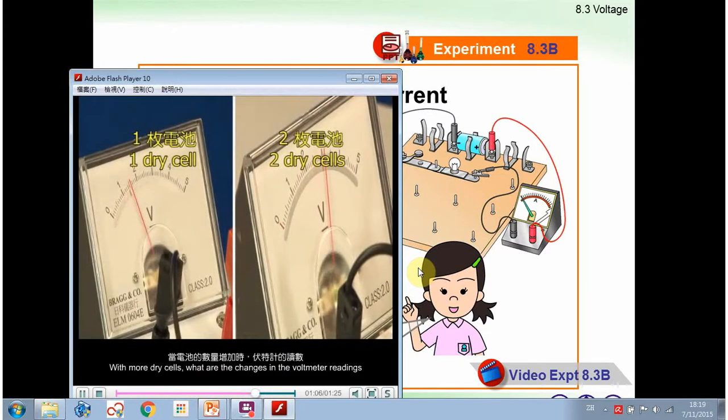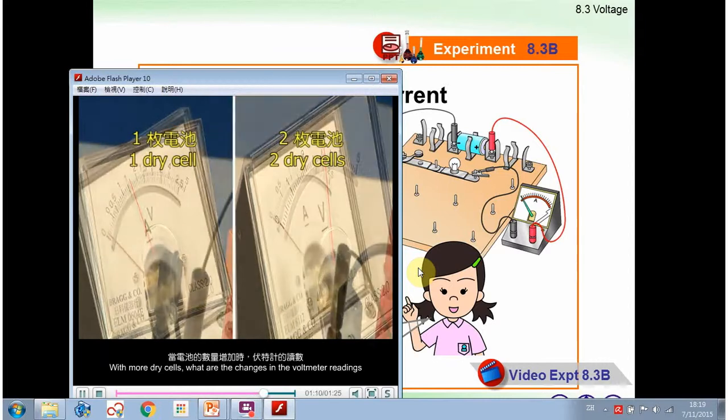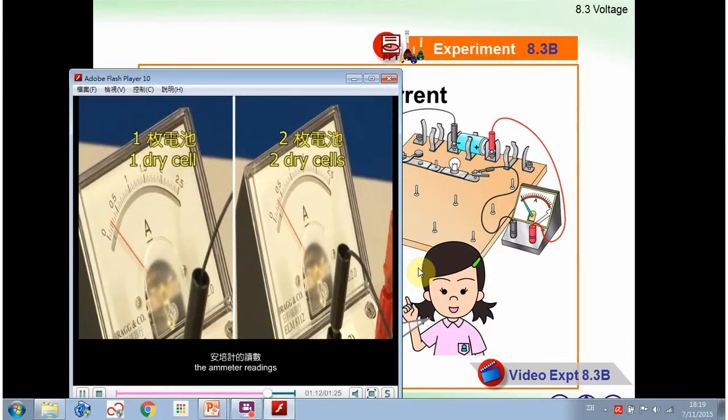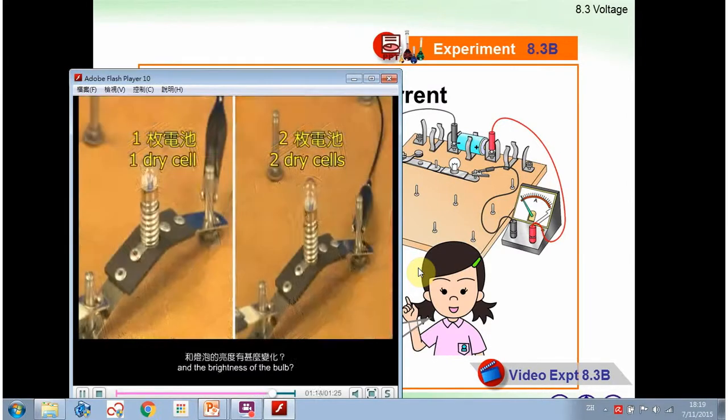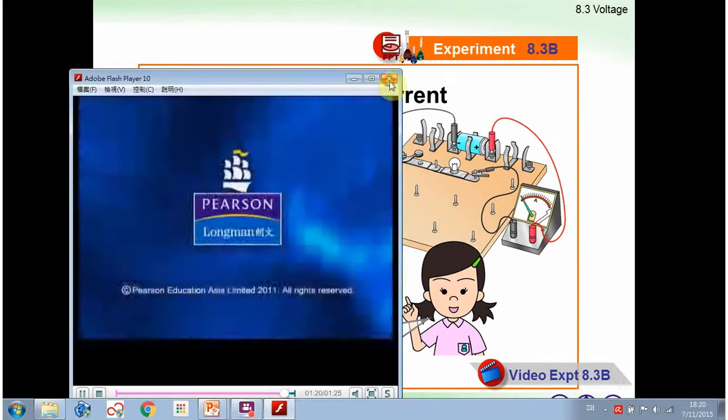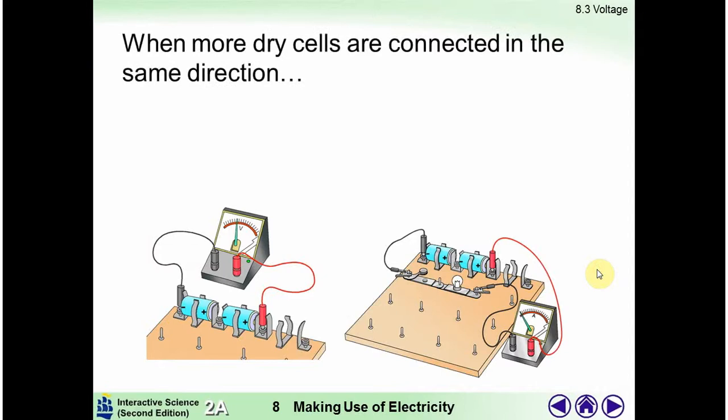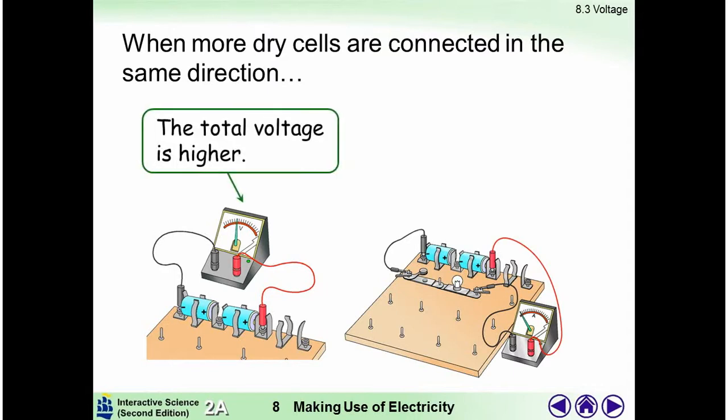With more dry cells, what are the changes in the voltmeter readings, the ammeter readings, and the brightness of the bulb? Right, from the results of the experiment, when more dry cells are connected in the same direction, we found that the total voltage is higher.